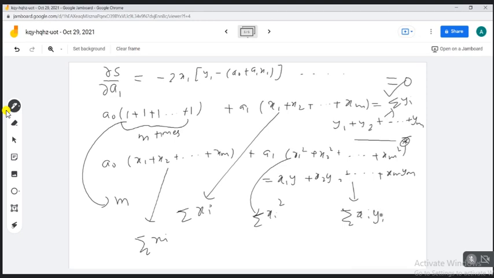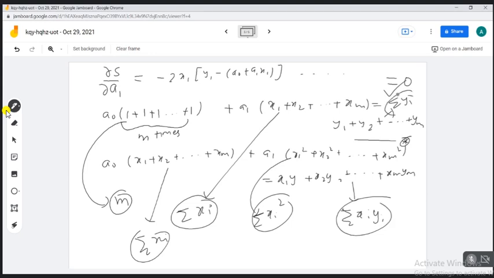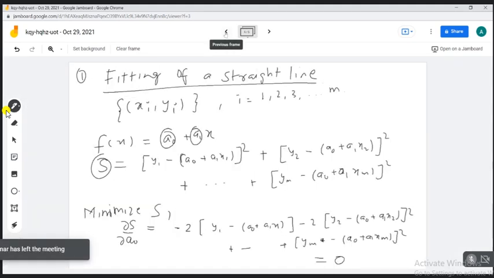So if we already know the data points, we know all the xi's, we can find all these values. So we have two equations in a0 and a1. So we can find a0 and a1 by solving these. When we find them, we can put them into our function here, and we get the required straight line.